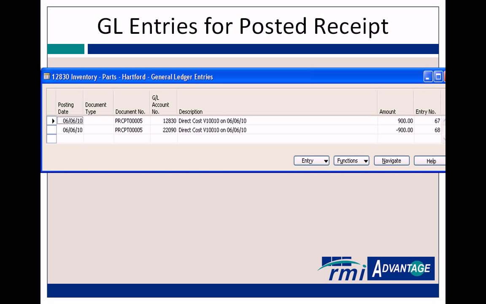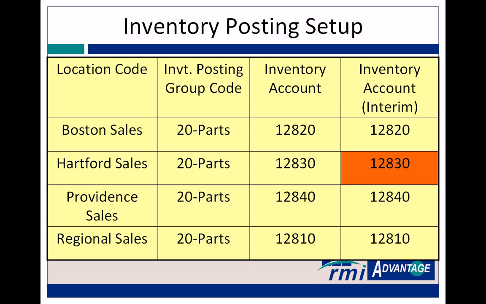If we take a look at our first account here, the 12830, if you recall from earlier, that's our inventory account, but it's in our inventory interim field, as you can see here. So when you post the receipt for our balance sheet impact, the system looks at our inventory posting setup, and it's looking at this inventory account interim.